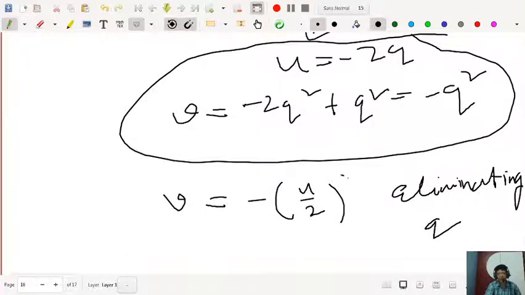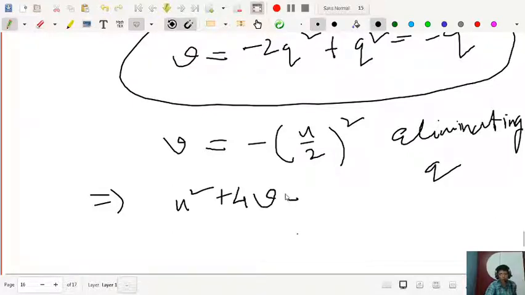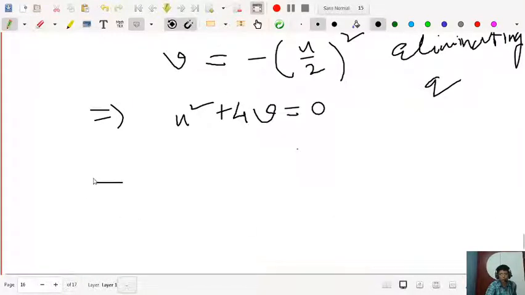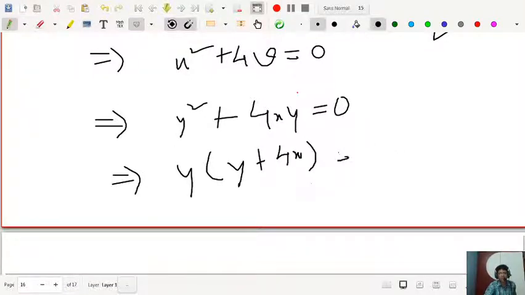You have no constant and no q in this final form, so that will be u square plus 4v equal to 0. This is the singular solution. If you replace u, v with x, y, then that will be y square plus 4xy equal to 0, and finally y square into (y plus 4x) is the singular solution.